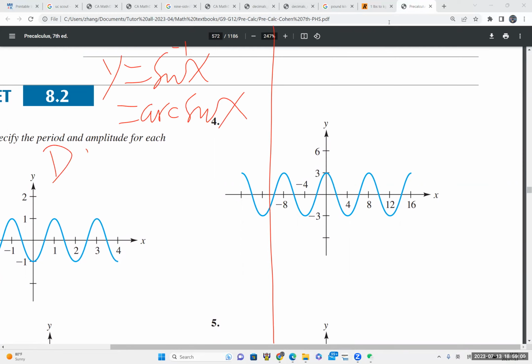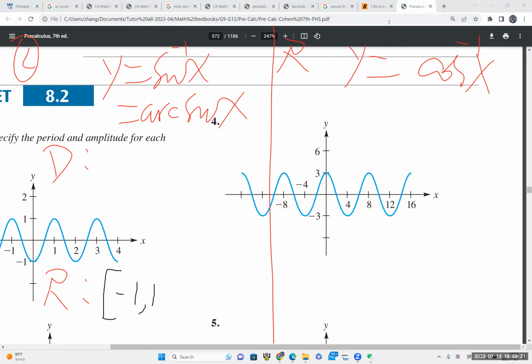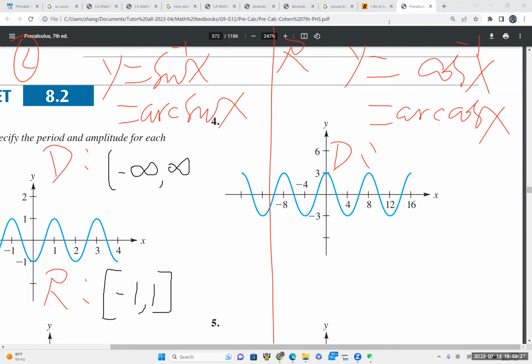As a function, what is its domain? What is its range? Negative infinity to infinity? And then for the other student, y equals arc cosine x. Then domain and range.